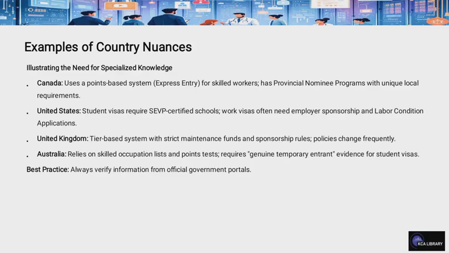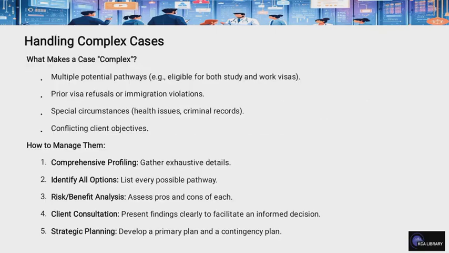And for the United Kingdom, it's a tiered-based system with strict maintenance fund and sponsorship rules, and policy changes frequently. And lastly is Australia, which relies on a skilled occupation list and points tests, and it requires genuine temporary entrance and evidence for a student visa. And in practice, you need to always verify information from official government portals.